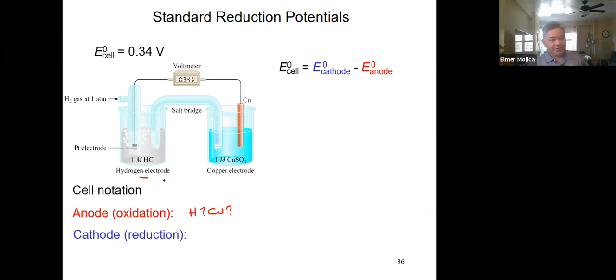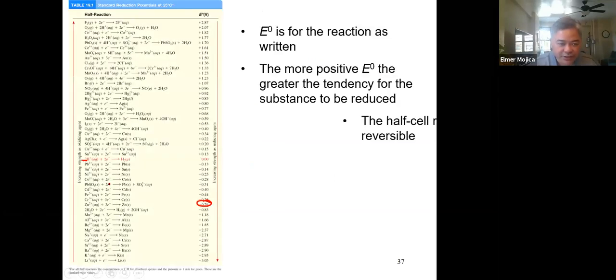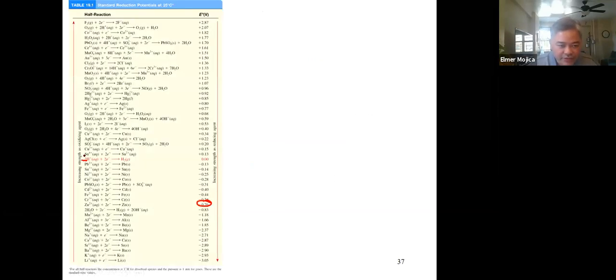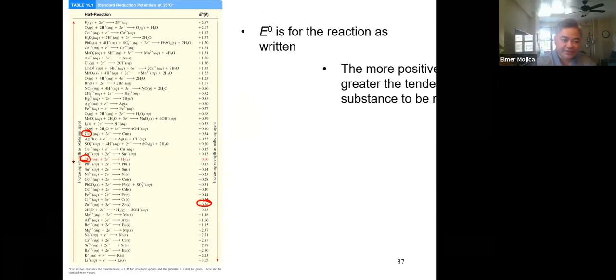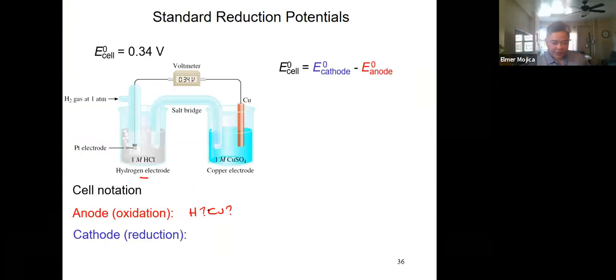Okay, we're going to look at the given reaction. We can look at the table that we have here, wherein we're talking about this one and this one. So how is the hydrogen happening here?